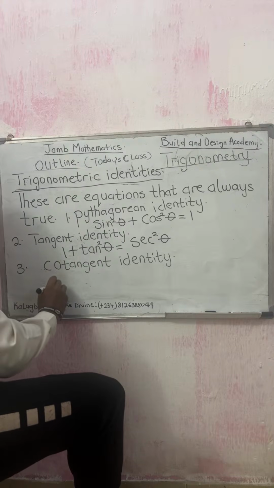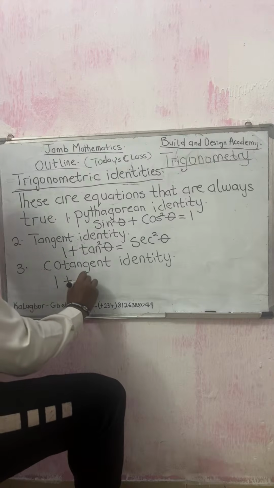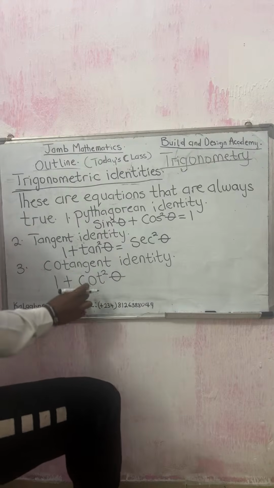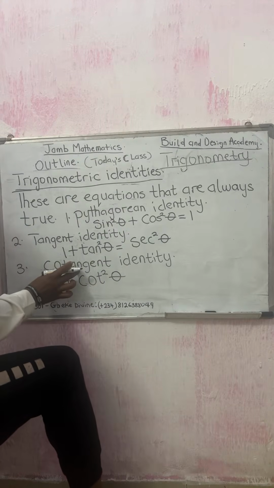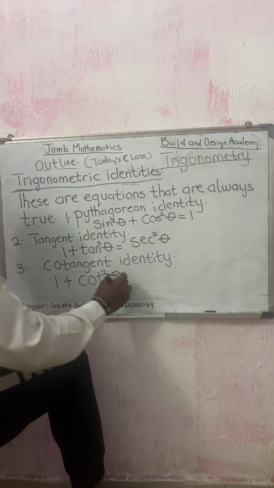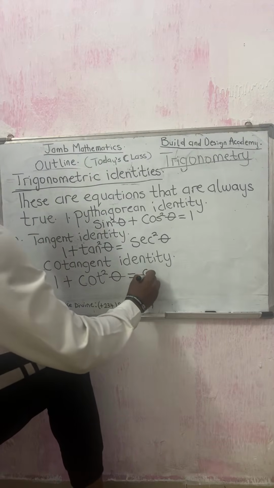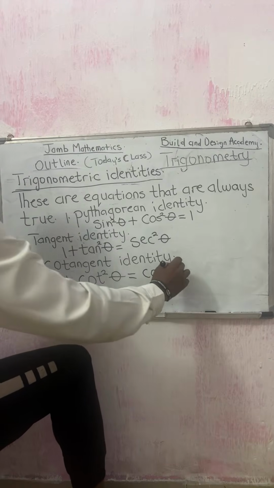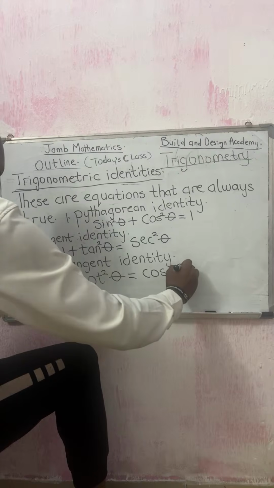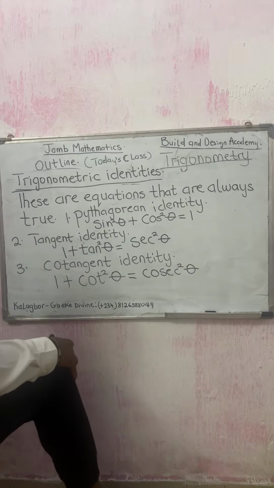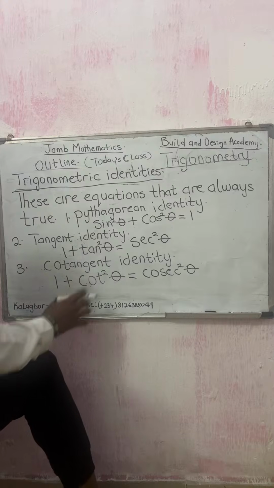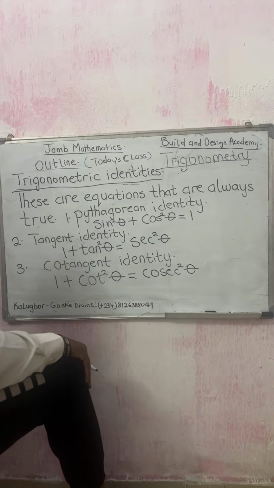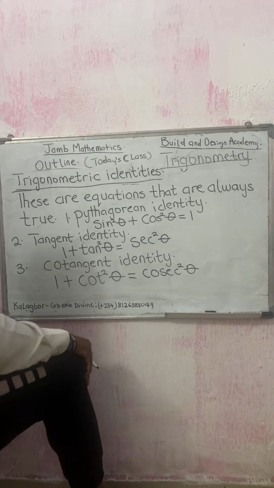We have 1 plus cot square theta is equal to cosec square theta.